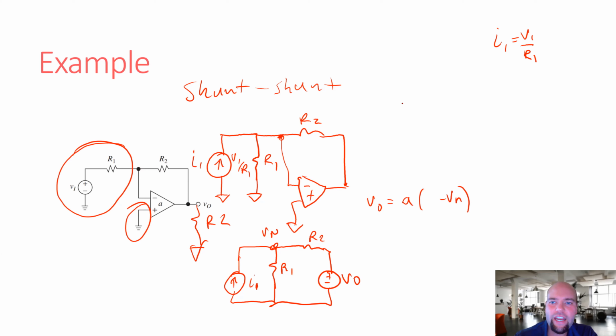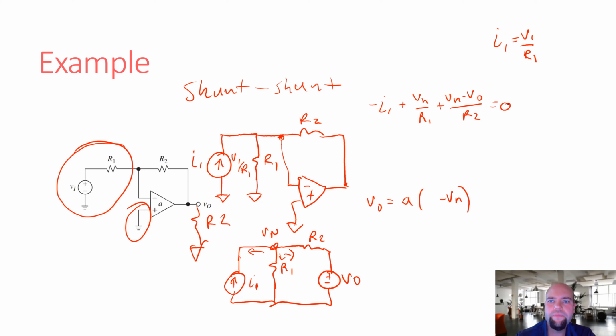So writing the node voltage equation here, we have the sum of the currents equals 0. Again, if you don't remember, EE 111 chapter 4. So the current flowing this way is going to be negative In. The current flowing down is going to be Vn over R1. And the current flowing to the right is going to be Vn minus VO divided by R2.